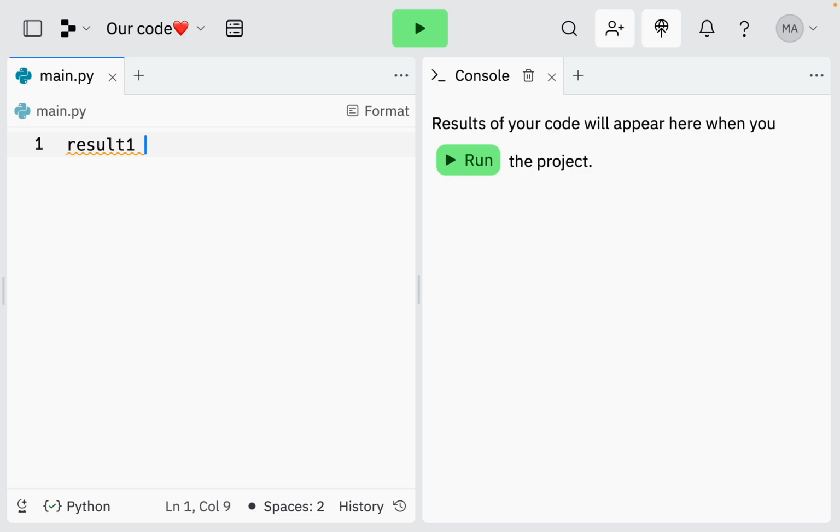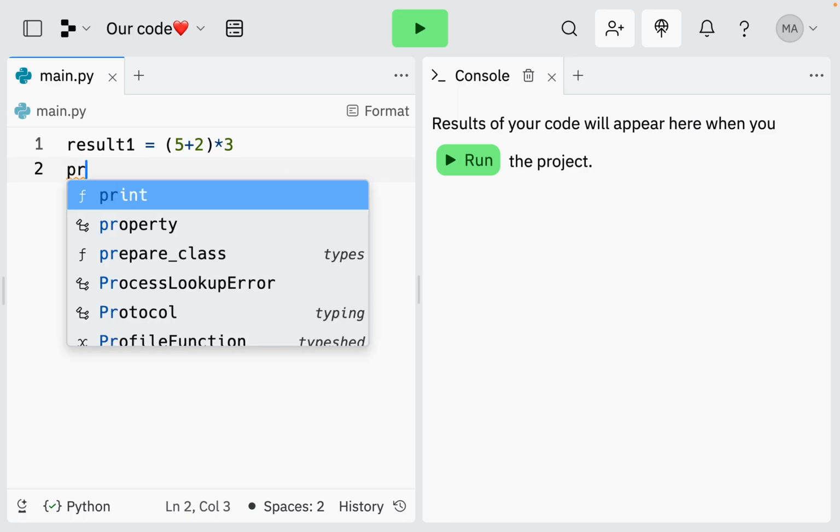Let's do result 1. I'll name my variable result 1. So now let's just put (5 + 2) times, using the star, which is what actually multiplies.